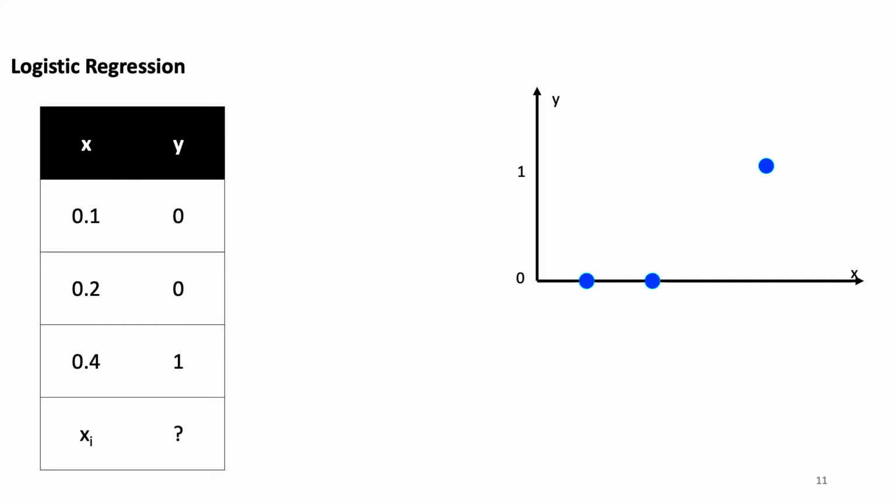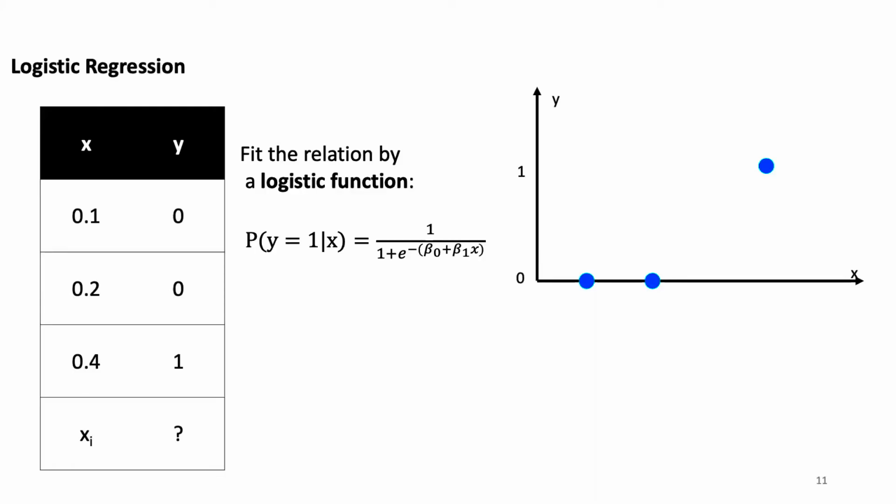So instead of the linear regression function, in order to find the relationship between x and y, we need to find another function. This function is called the logistic function. It means the probability of y equals 1 given the value of x. So when we draw this function in the figure with the data, it looks like this, right?